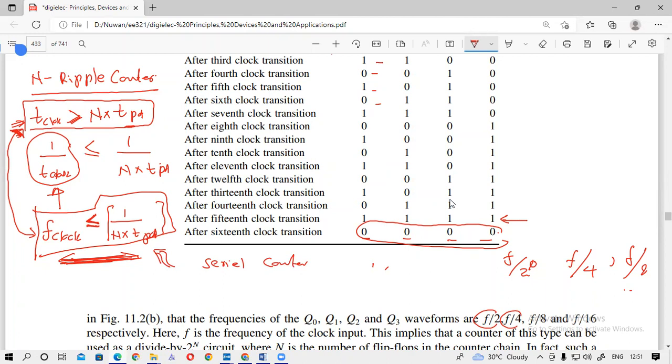If I ask you to find the maximum clock frequency, if each flip-flop has t propagation delay, what is the value? The maximum clock frequency should be equal to 1 by n times t pd.